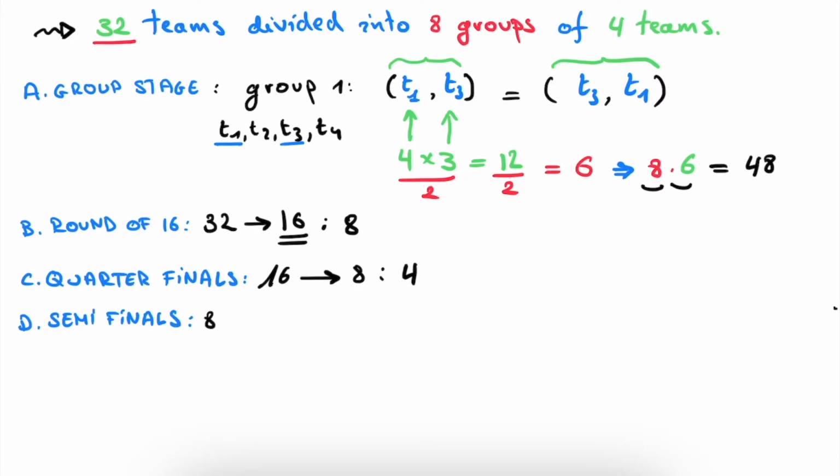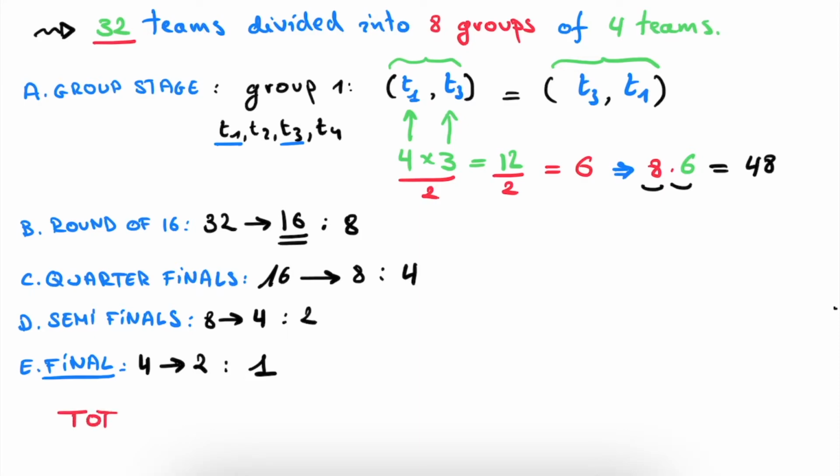This means that the number of teams will reduce again from 8 to 4, and each team will again play one other team, meaning that in this case there will be 2 matches, 2 semifinals. And of course, these 2 matches determine who will get to play the final. Therefore, we know that our teams will have reduced from 4 to 2, and 2 teams, of course, make 1 match. So we have 1 final who will determine the winner of the tournament.